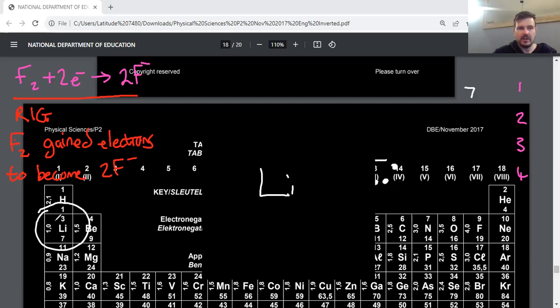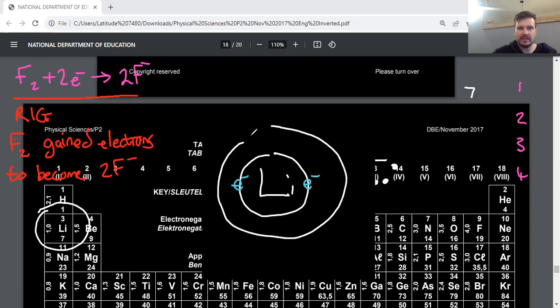That makes sense, because helium is noble, so that has the complete 2 electrons in its innermost orbital. And then lithium has 1 on the outside. I'm drawing it a bit differently just to mix it up.